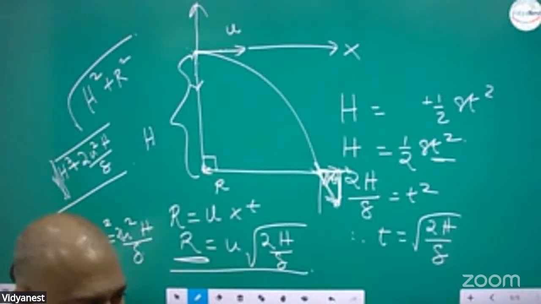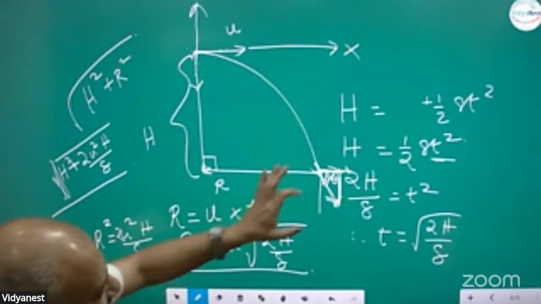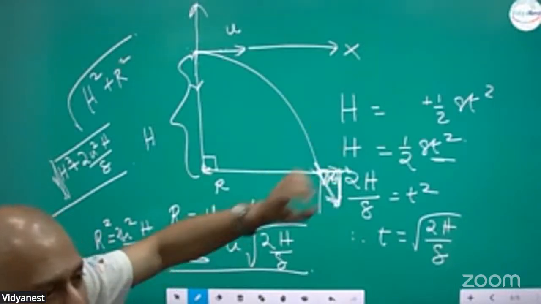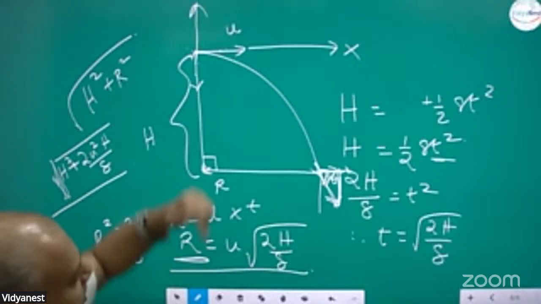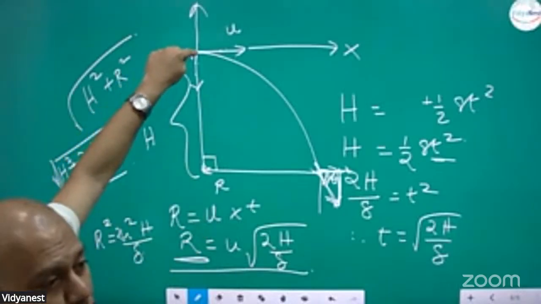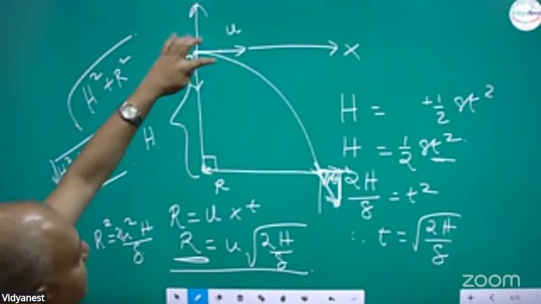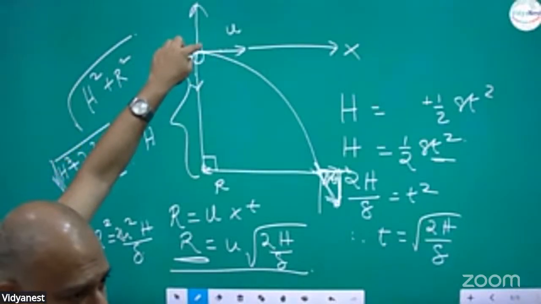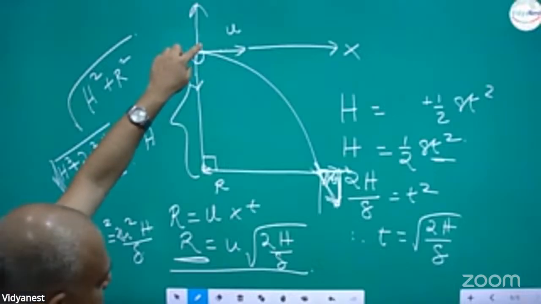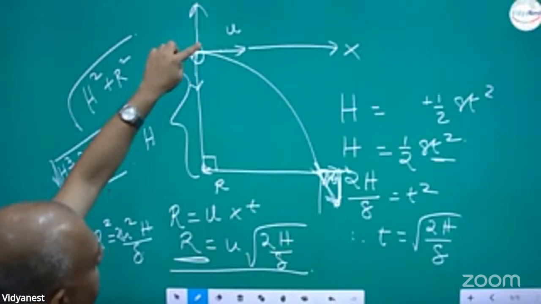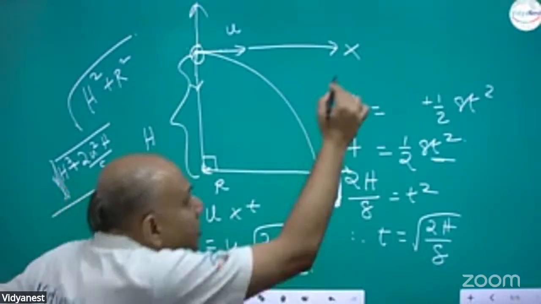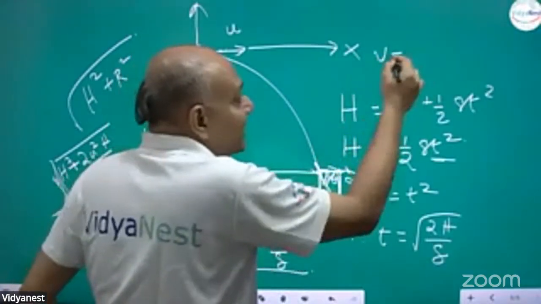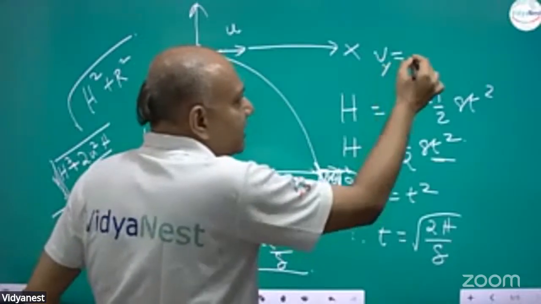So what will be the vertical component of the velocity? Whenever the particle starts downward vertical motion, the initial velocity is 0 at this point, isn't it? What is the final velocity? Vertical final velocity, Vy, is g into t.